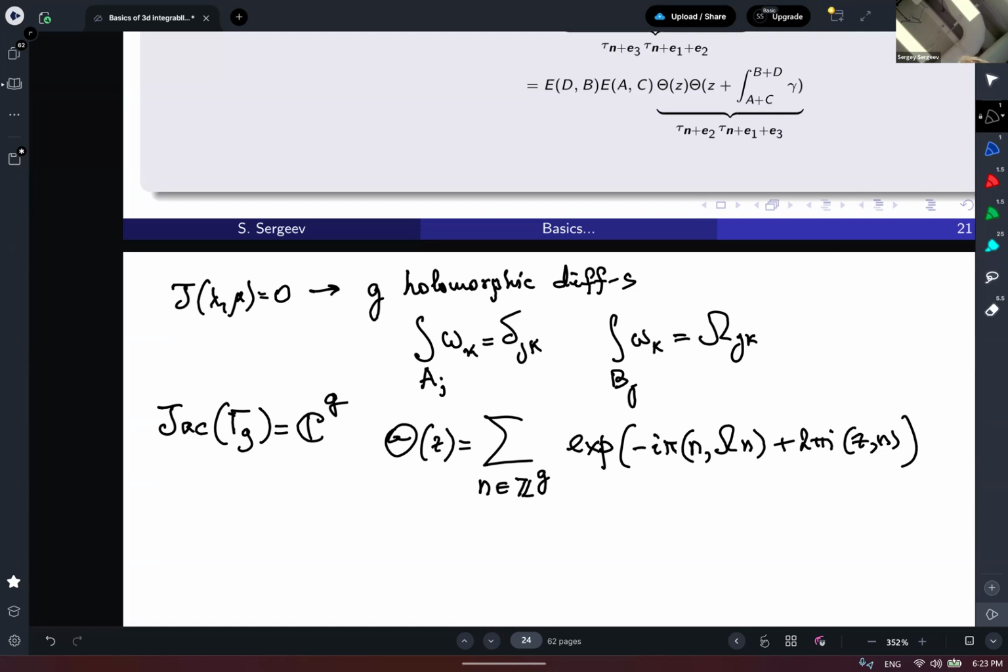I'm not sure about pi. Some people extract pi, some people don't. Maybe the i is wrong. So g-dimensional theta functions are the main heroes in all this business.